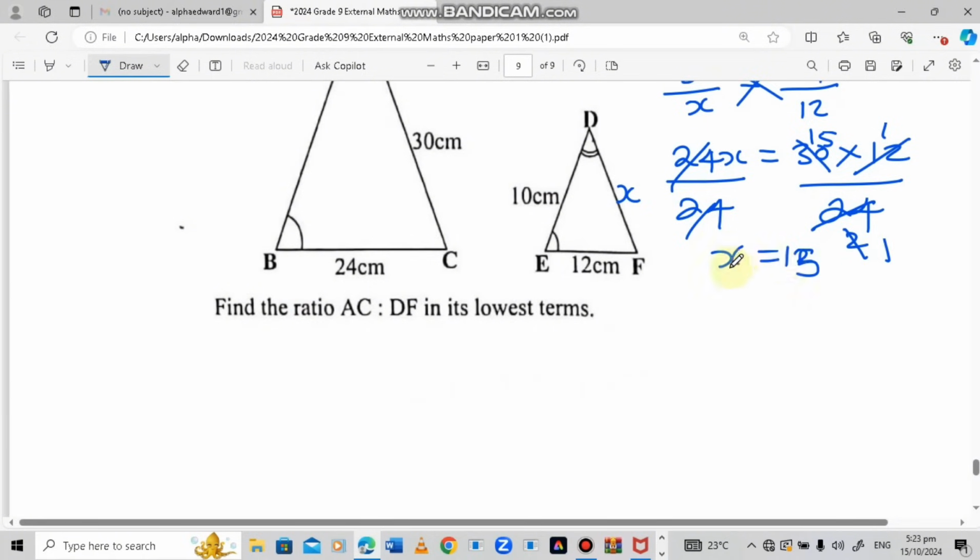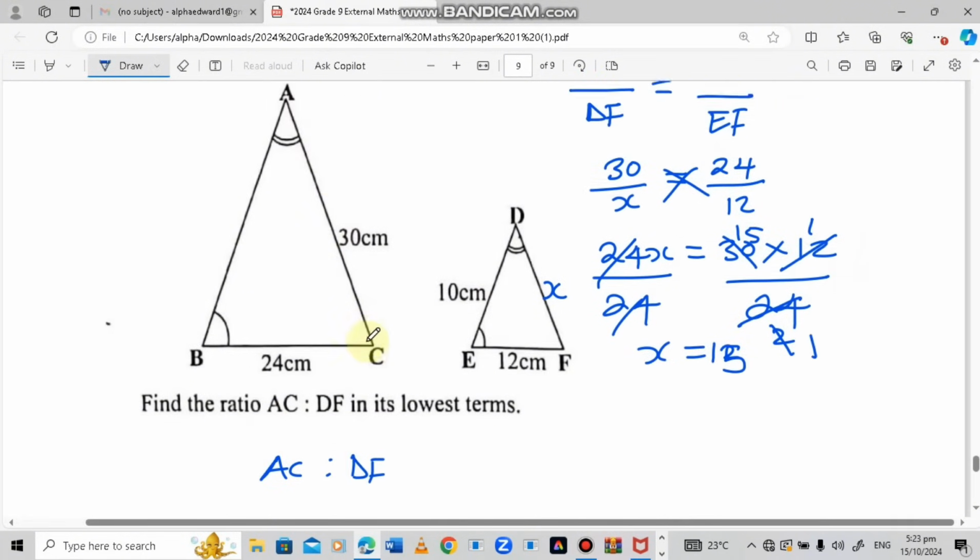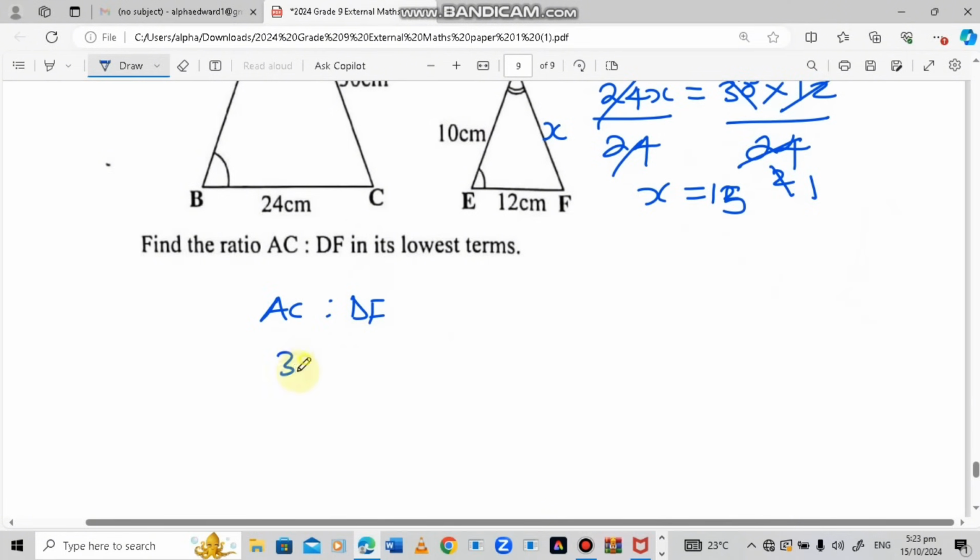So we are going to use this now. AC to DF. AC is 30, so we have 30 to DF. DF is X, which is 15, so 15. But remember, they want you to write it in its lowest terms.